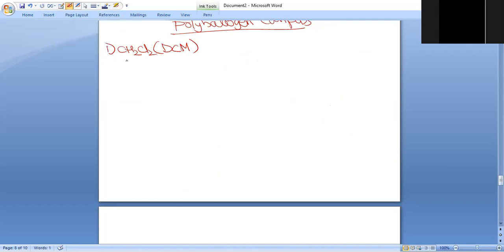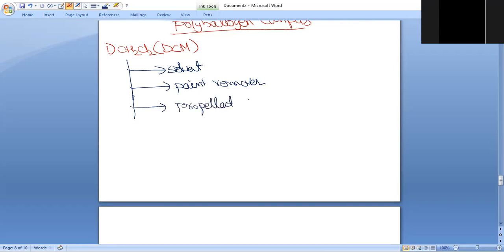It is used as a solvent in reactions, and also as a paint remover. It acts as a propellant in aerosols, and it affects the central nervous system, CNS.